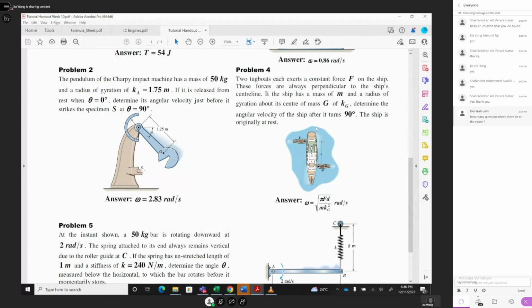This should have a kinetic energy of half m v squared. This point G has a velocity, so half m v squared kinetic energy, plus the rotation, I_G, the inertia, and theta dot.